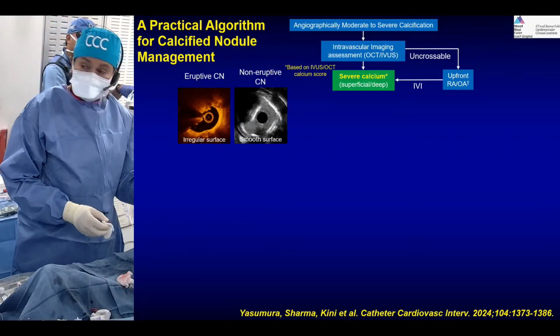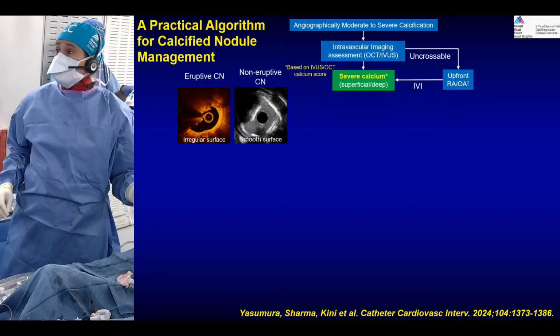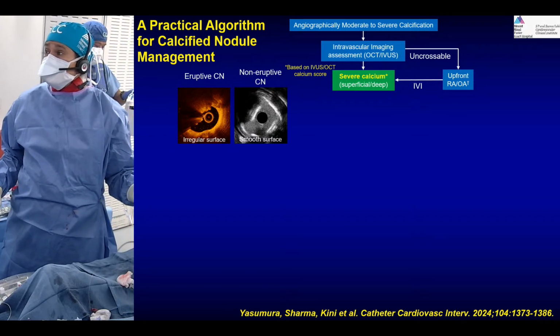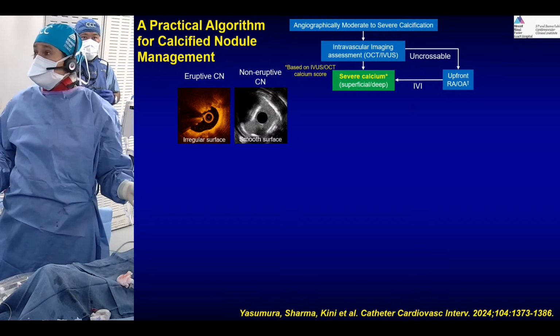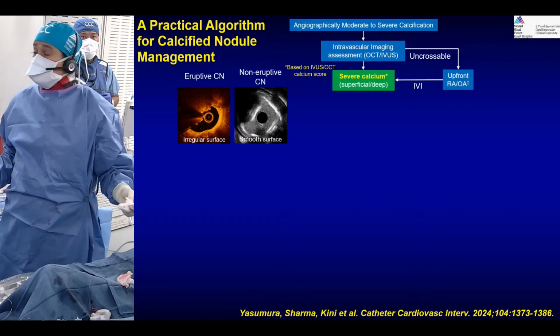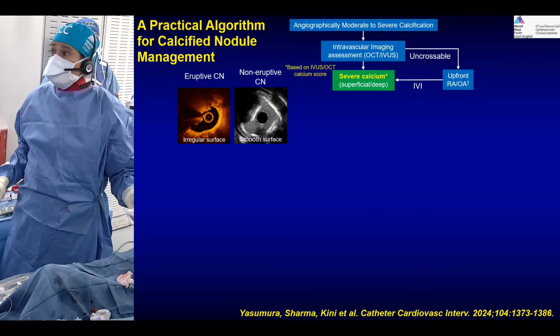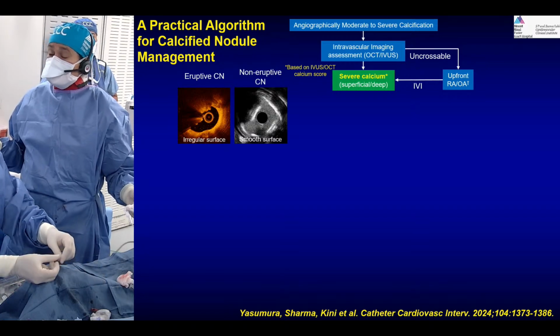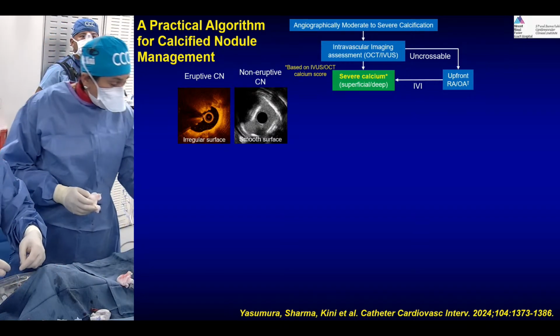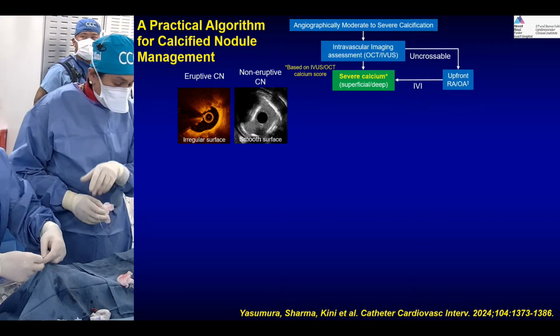Okay, so this is the algorithm which we presented last year at the ESC. Kiski presented it in a late breaker session on management of the nodule. The first thing, when it is uncrossable, remember for us we already decided based on fluoroscopy it's severe calcium.